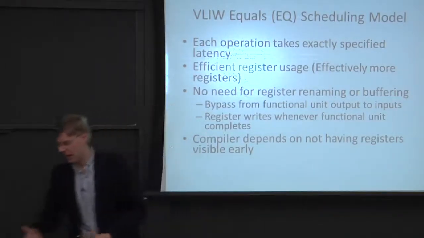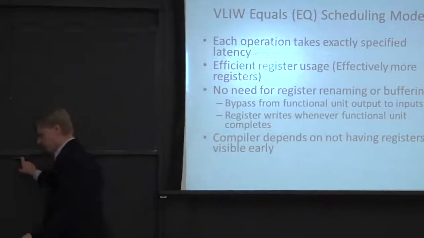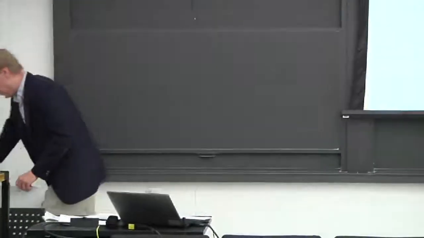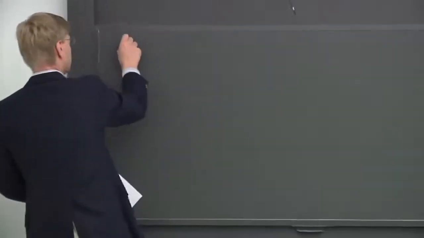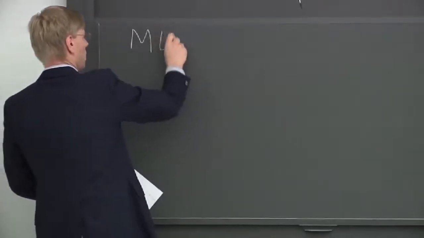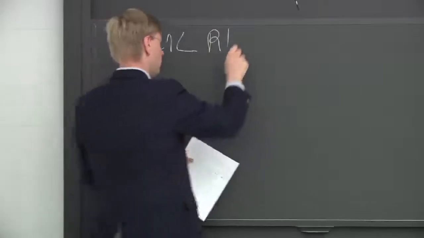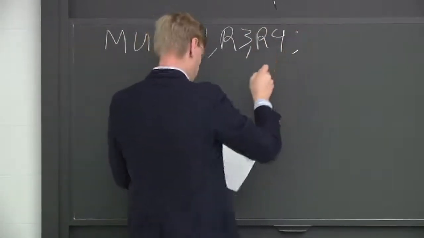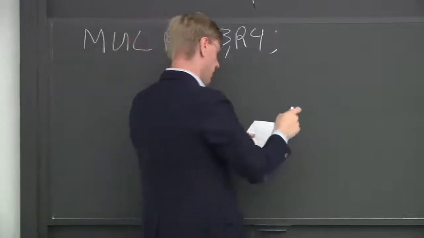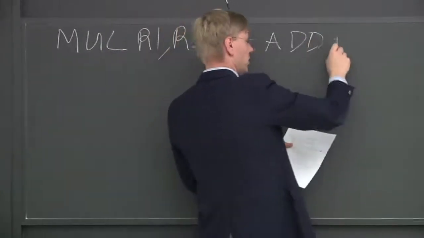So as a quick code example here, we can take a look at a bundle of instructions. Let's say you have something like a multiply R1, R3, R4, and in the same bundle, or in the same VLIW instruction, we have some other random thing here.